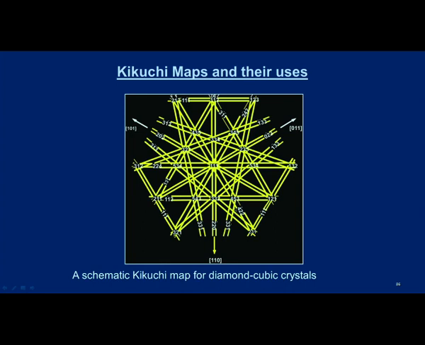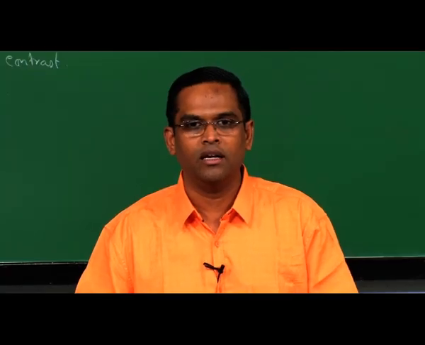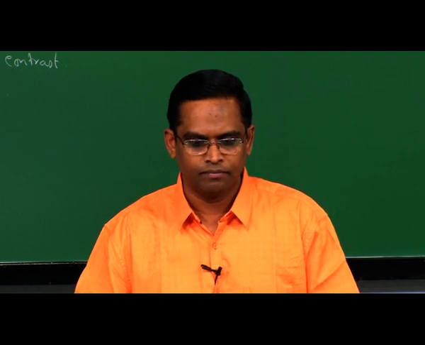We will see some of the applications of this. As I mentioned, you can map the grain orientations and do orientation mapping, and then you can identify the phases and quantify all the microstructural parameters. We will show you some glimpses of all this, if not in detail.